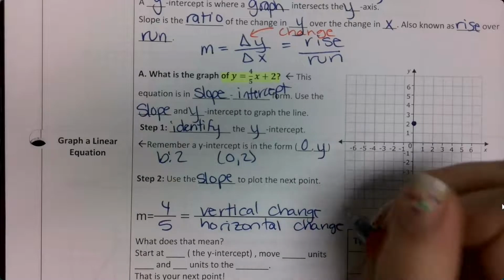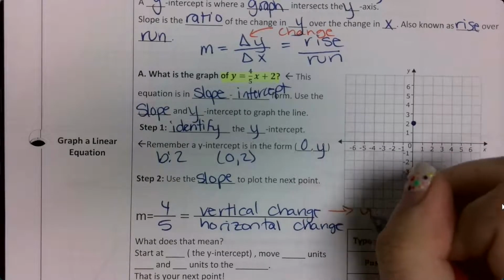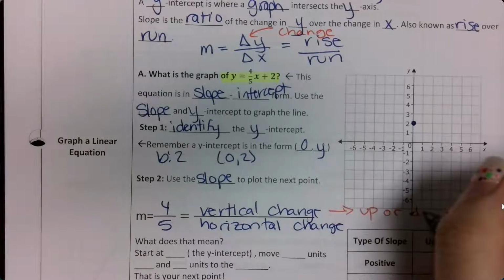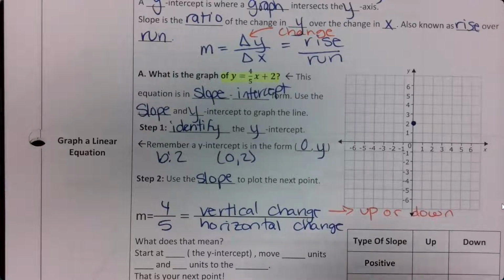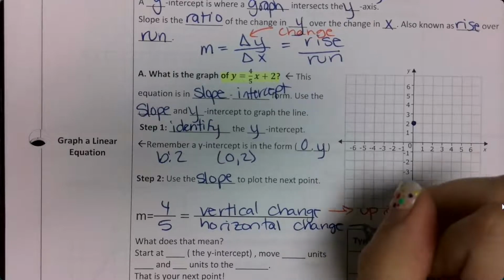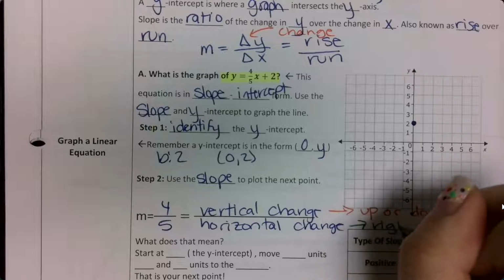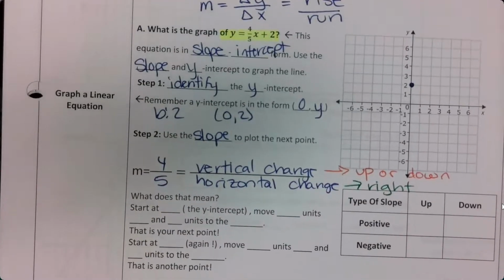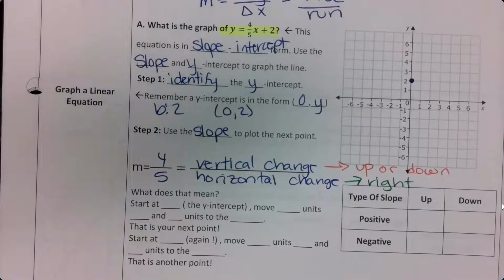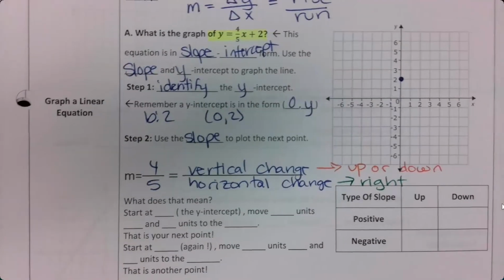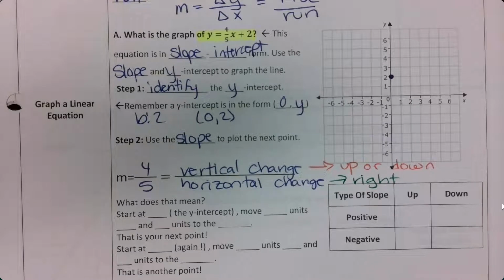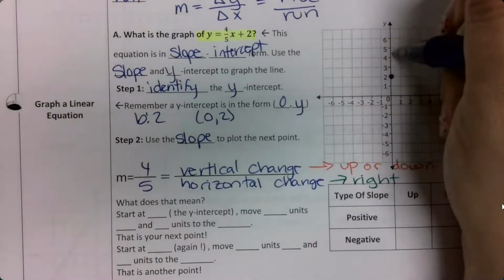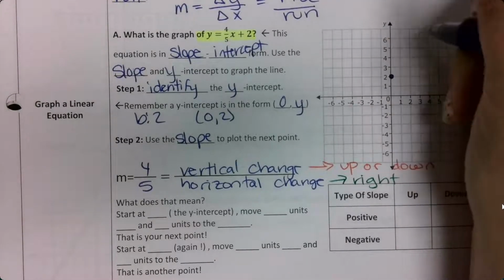My vertical change will always be up or down, depending on if it's positive, and my horizontal change will always be right, because the sign only affects one of those values. Okay, so I'm going to go up 4 spaces and right 5.